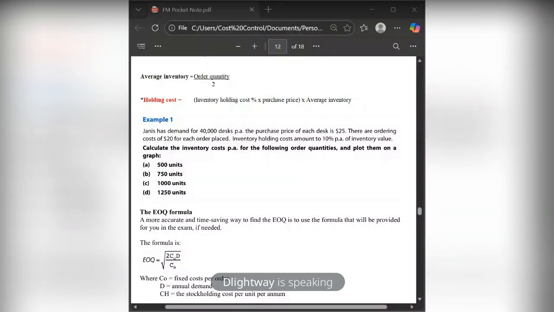Example 1. Janice, that's the name of the company. All right, so it's going to be computation of total inventory cost. We can't see the Excel. You can't see the Excel? Yes. Sorry.